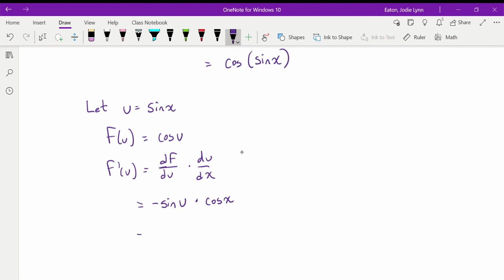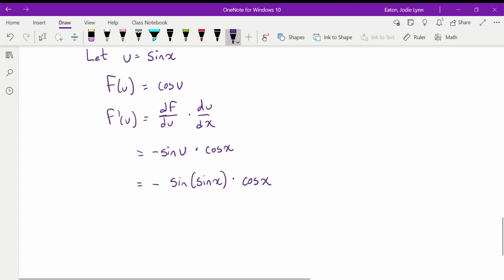So this is equal to negative sine of sine x times cosine x. Unfortunately, there's not really anything that we can do to simplify that because we're taking a sine of a sine. It's a composition of functions, not the product of functions.